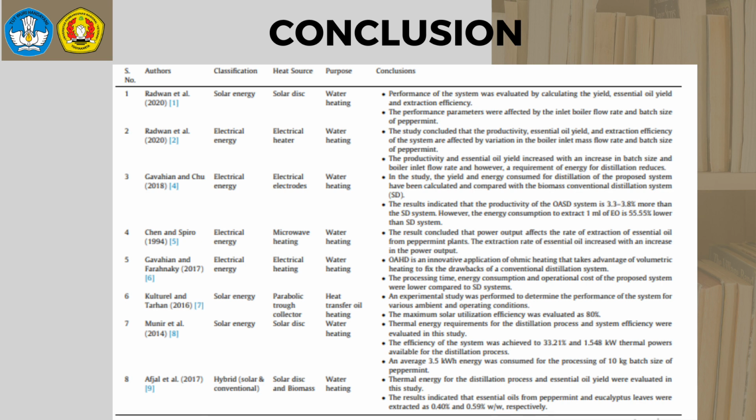Next, the conclusion by that one, with classification electrical energy and purpose water heating. The study concludes that the productivity, extraction and extraction efficiency of the system are affected by variation in the boiler inlet mass flow rate and bed size of peppermint.